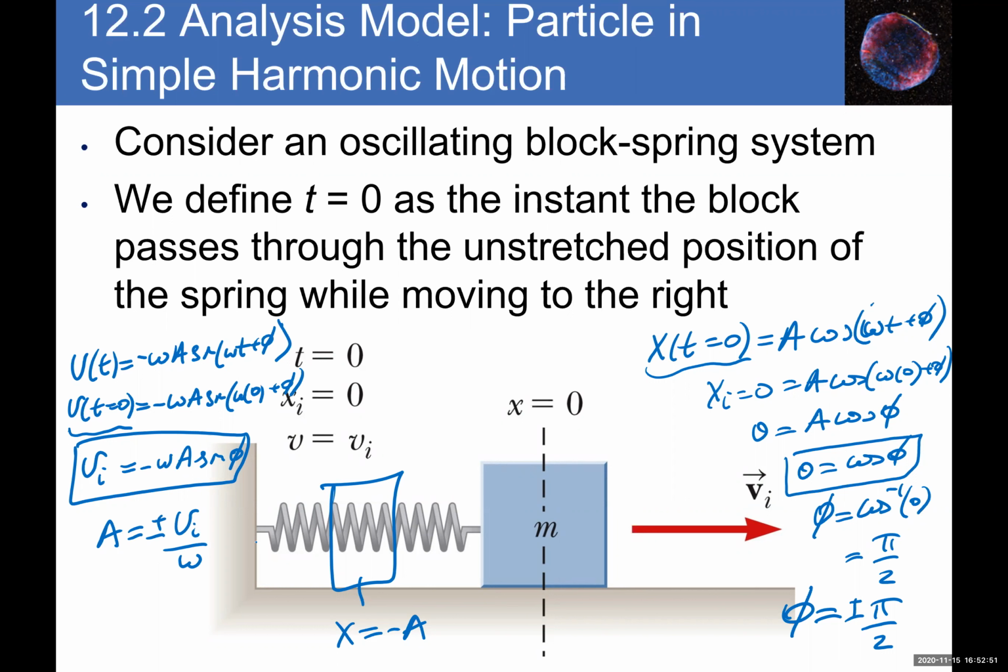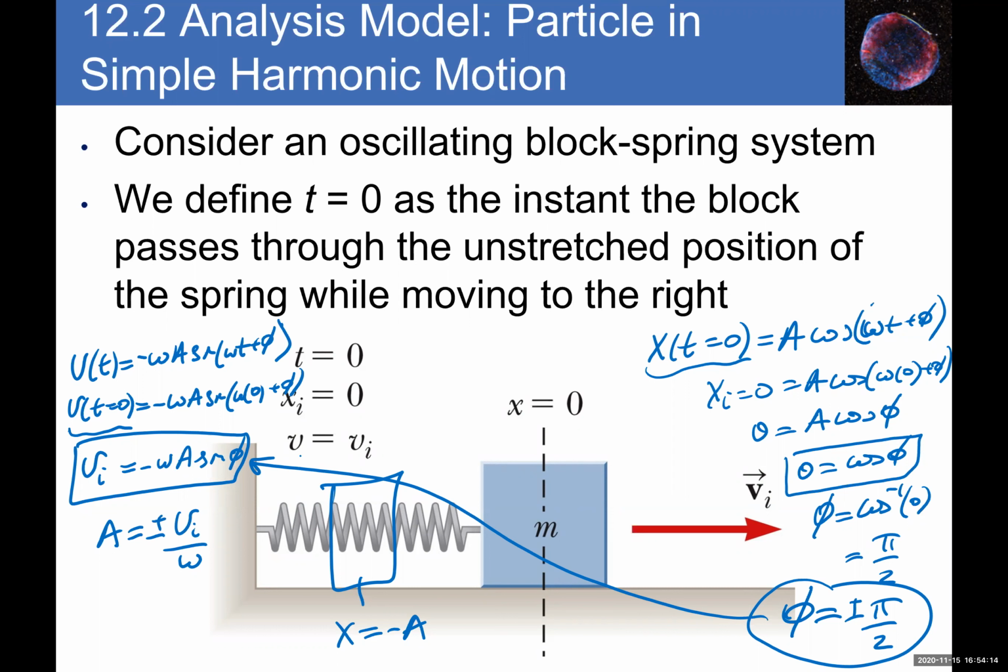Sorry, amplitude, not acceleration. This is by taking the position equation and plugging in, and I can see how the initial velocity, angular frequency, and amplitude are related to one another.